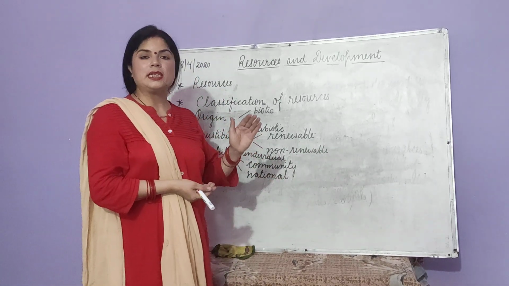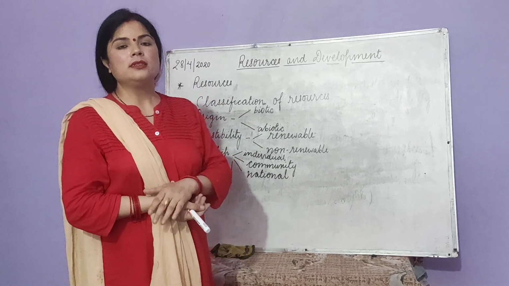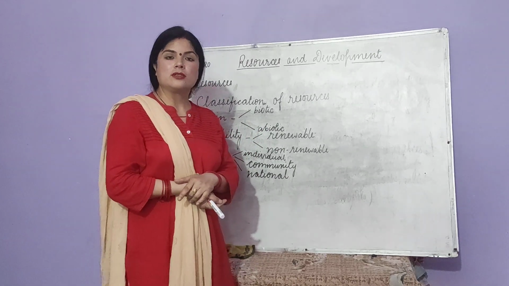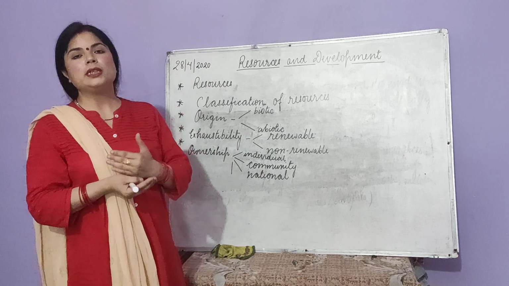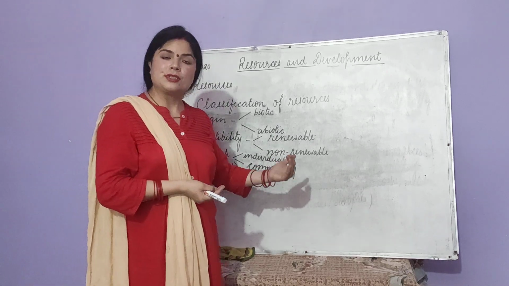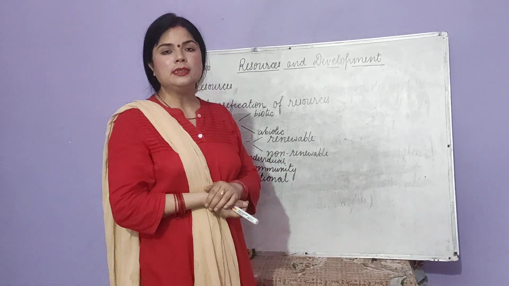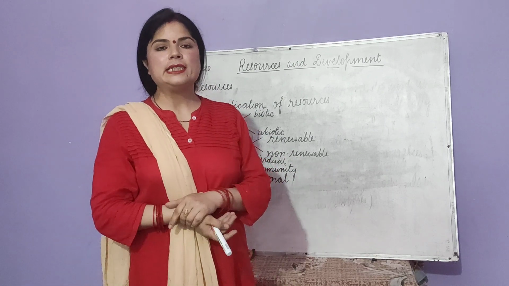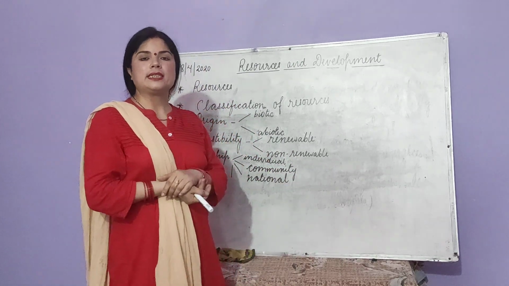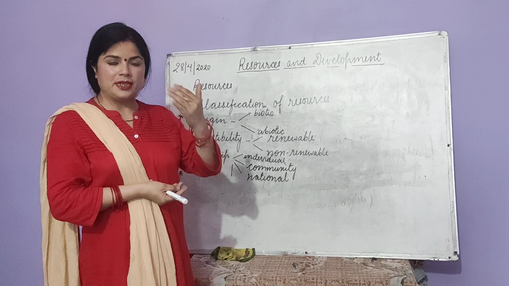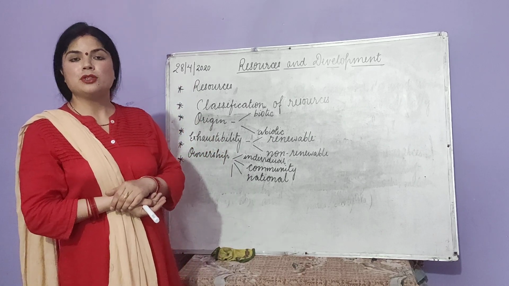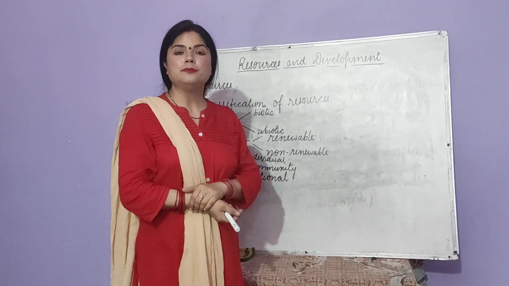There is no discrimination with anyone to use these resources. All are free equally to use these resources. For example, railway facility, roadways facility, rest of the modes of transportation can be used by all the people equally.